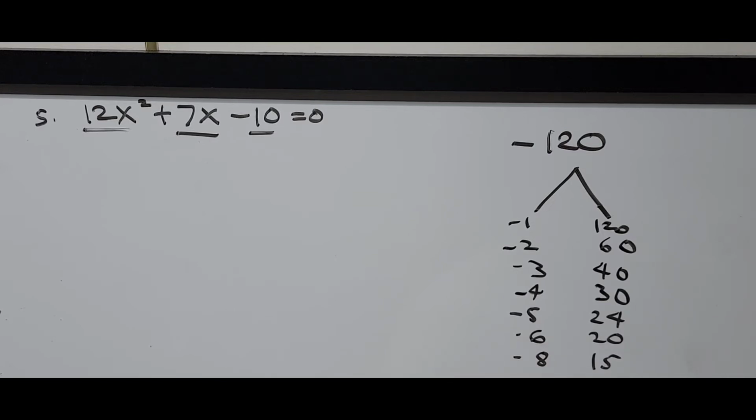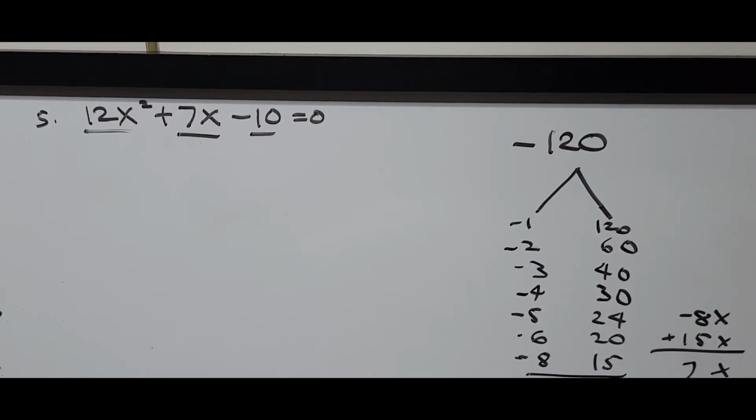So this is the best candidate right there, minus 8 and 15. So let's do that. We have here minus 8x and positive 15x. Add this up, it will be 7x. So that's the middle term, positive 7x.